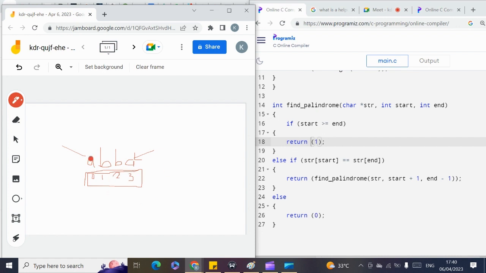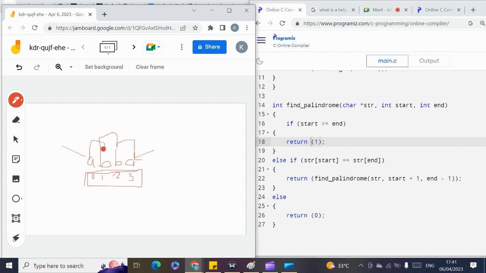When this one compares this, and if it is equal, it will move, and this one will decrease to this side. So even at this point, the base case is still not satisfied, so it will still increment and decrement, and then move again.